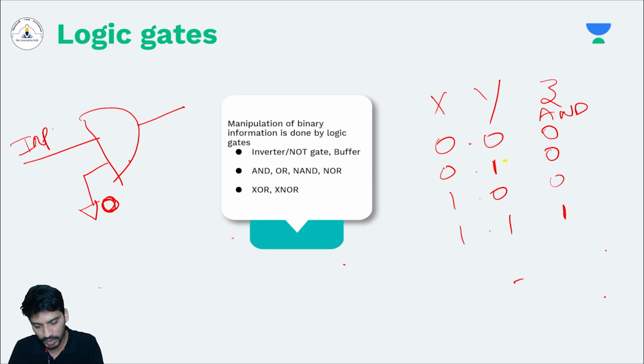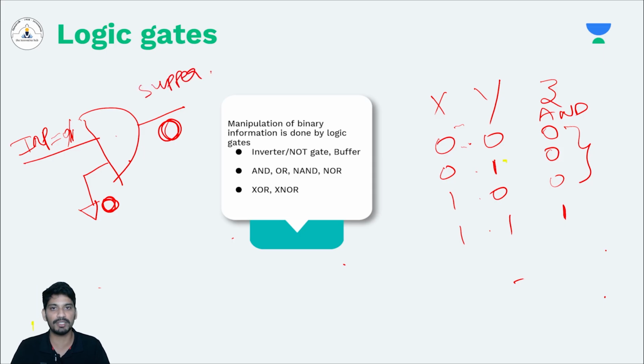If your input is either 0 or 1, no matter what the input is, it will always give you the output 0, because that is the purpose of an AND gate. If one of the inputs is 0, the output is always 0. So in this case, you can use an AND gate as a suppressor. So this is the purpose of the AND gate. Let's take the NAND gate.